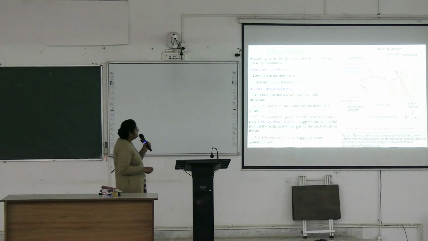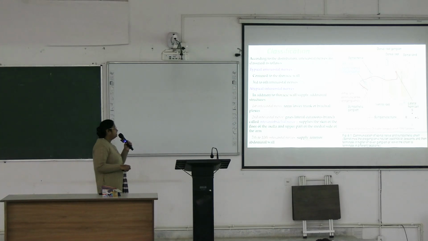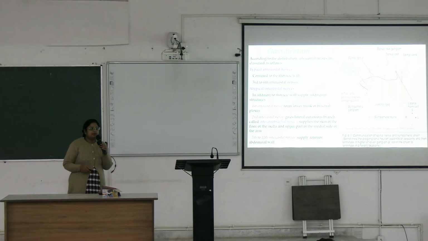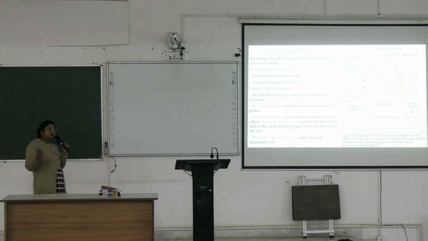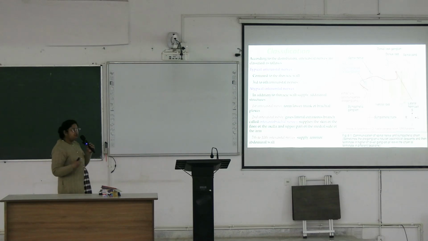And the 7th to 11th intercostal nerves supply the anterior abdominal wall along with the intercostal spaces. So these are the atypical intercostal nerves and the rest, 3rd to 6th, are the typical intercostal nerves.